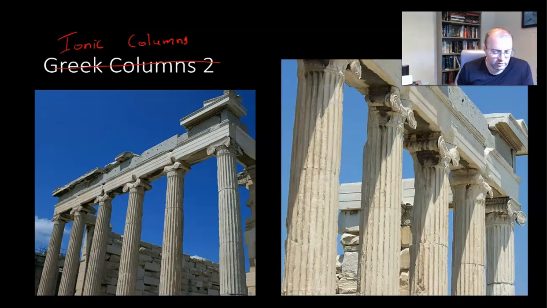These were more popular in a different area of Greece. One of the main things is that the fluting tends to be a little bit different: the ridges tend to be higher, and the valleys tend to be a little bit deeper in Ionic columns. That's not a hard and fast rule, just one of the things I've noticed. Now, at the top of all of your Ionic columns, and we'll go even to the next one, you have this sort of capital with the spiral.